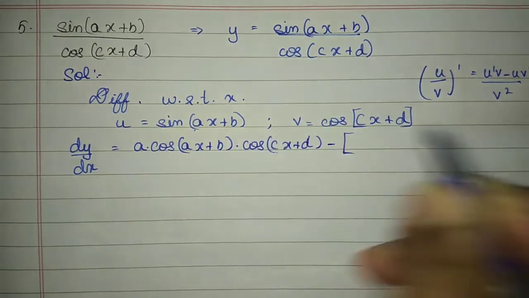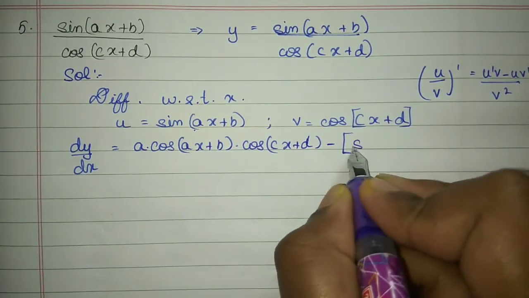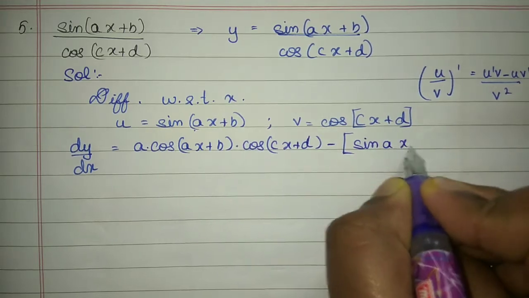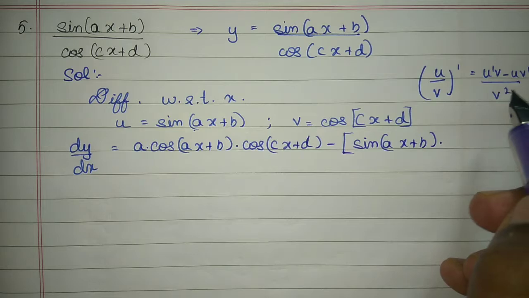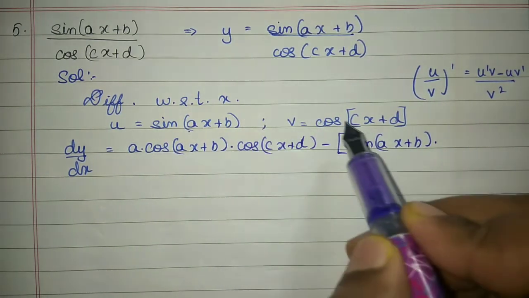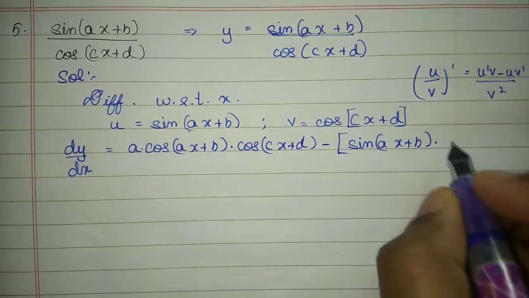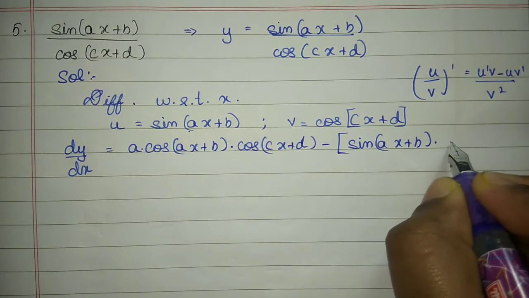Minus, what should I do? My u should be written as it is, so sin ax plus b into, now I have to differentiate v, v dash, no? So v is here cos cx plus d. So d by dx of cos is minus sin.